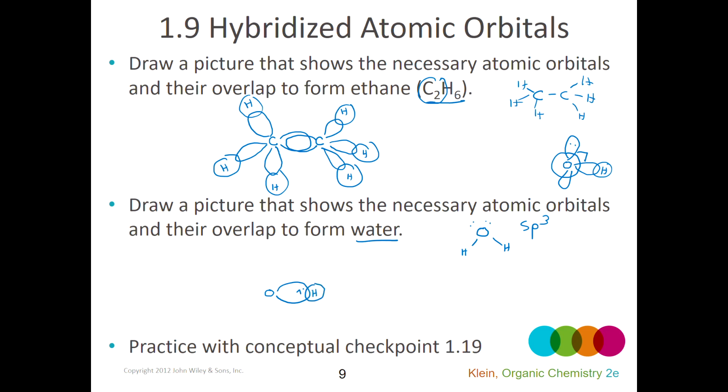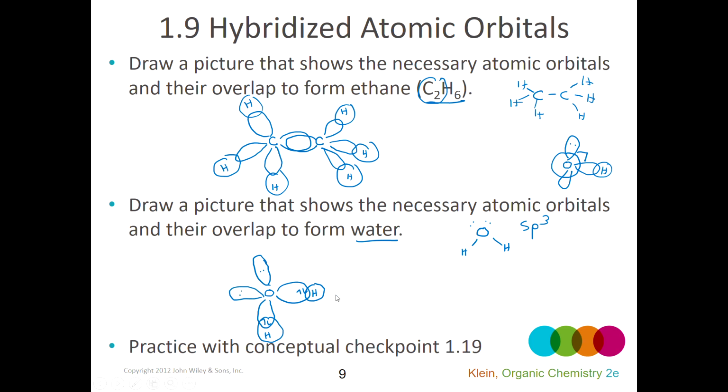That will bring in another electron. And then it's going to have another sp3 orbital at an angle not 90 degrees, more closer to 109. Actually, in this case, it's closer to 105. And that would be another electron overlapping with the 1s of the hydrogen, bringing in an electron. So my 2 bonds would exist in that way. And then the other 2 sp3 orbitals would contain lone pairs.